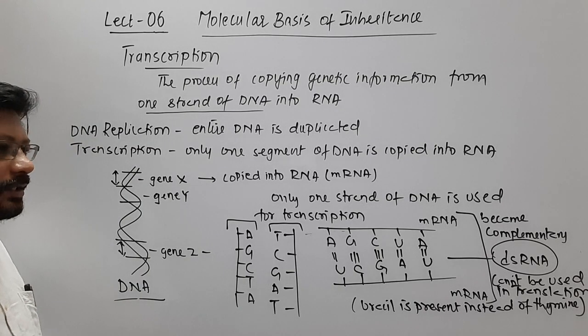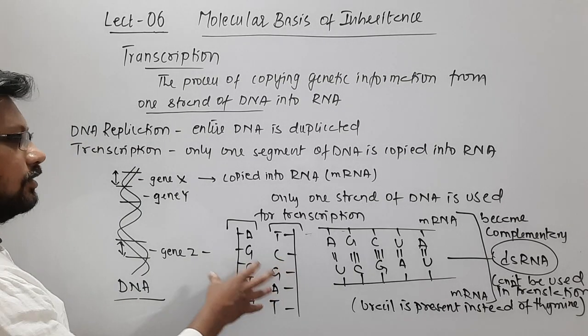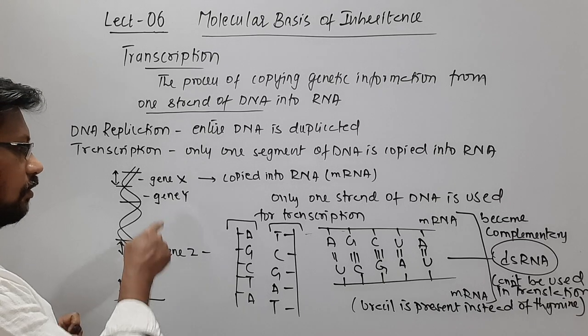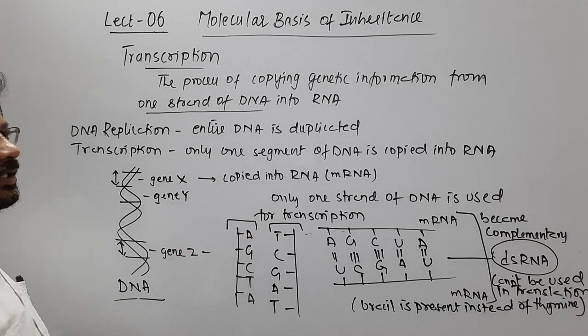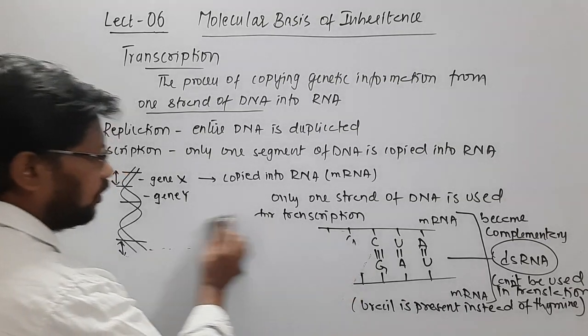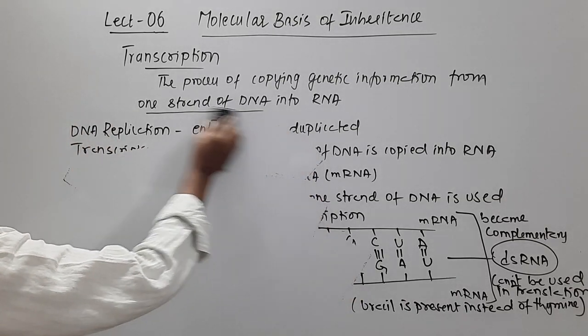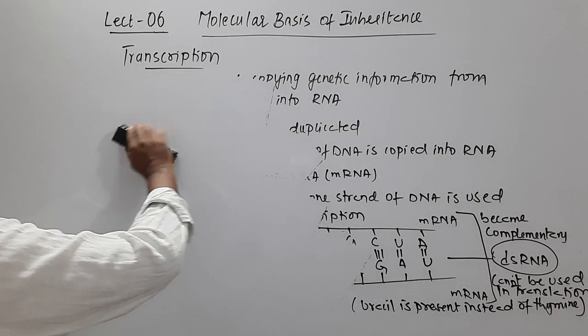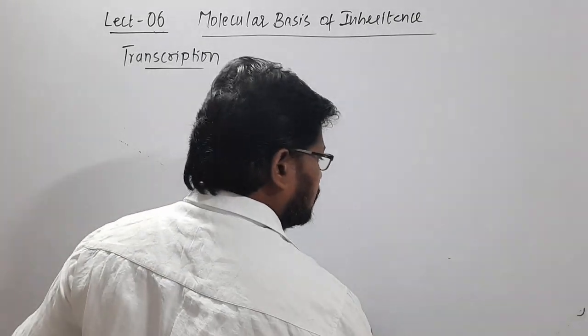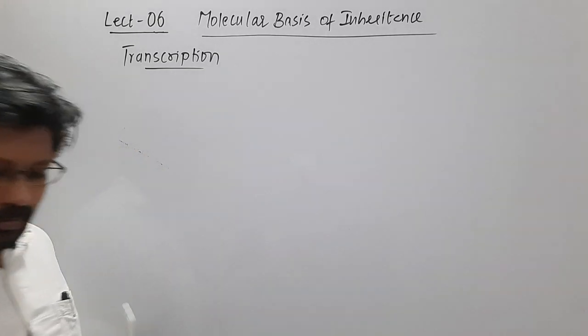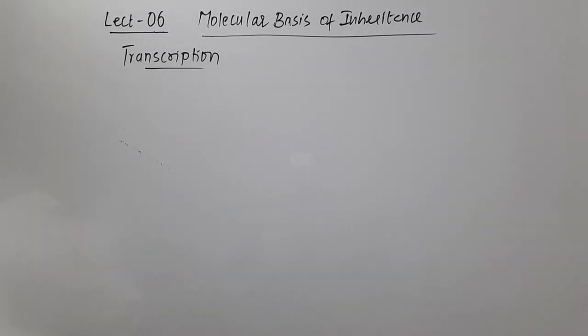So that is the reason why during the process of transcription only one of the strands will be used to make the RNA molecules. Now let us see in detail how this process of transcription takes place. So now we understood that during the transcription process only one strand will be used to make the RNA molecules.